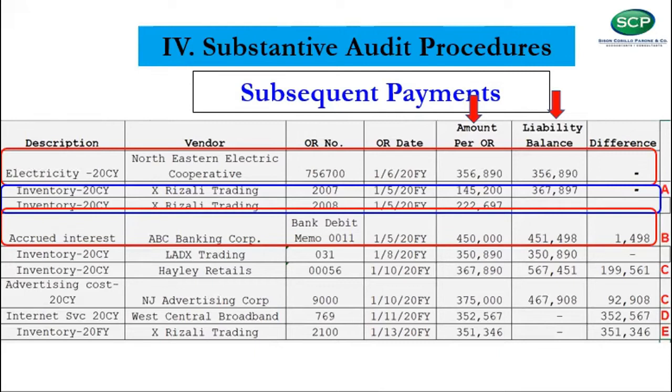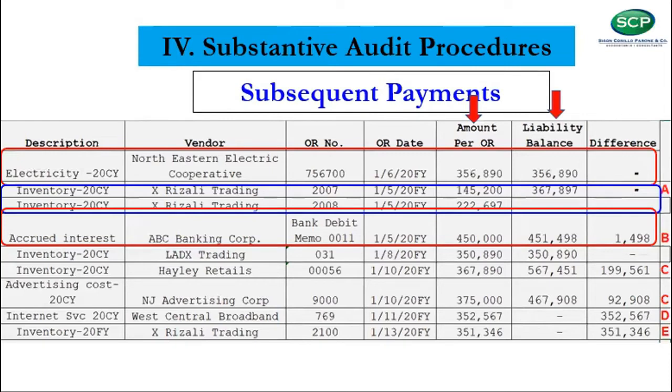So, 451,000 ang nasa libro and yet ang binayaran lang or ang dinebit lang sa kanya ng bangko or ng creditor bank niya is only 450,000 pesos. So parang may overstatement na lumalabas na 1,498.